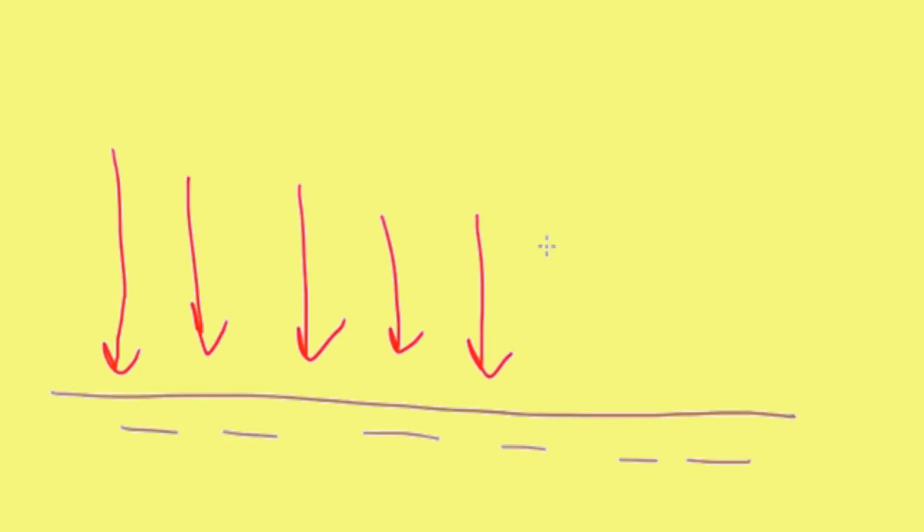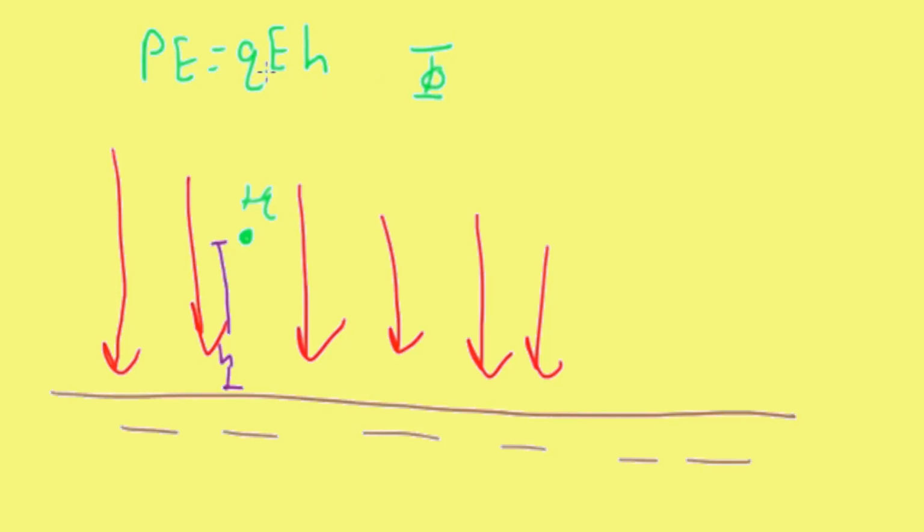We could have our negative charges, we could have the electric field, and a positive Q. So the potential energy will just be QEH, if this is at some height H. And then what we can do is define electric potential, with charge playing the analogous role of mass. So phi E will just be EH.